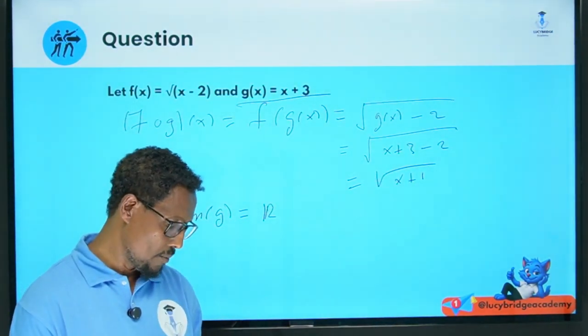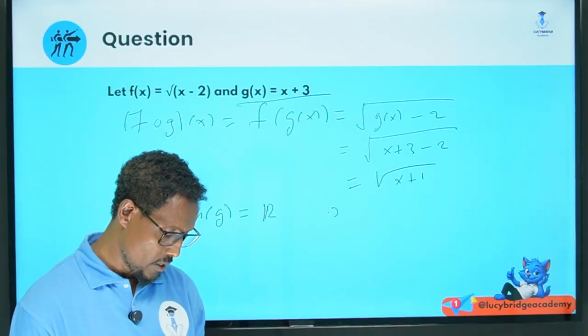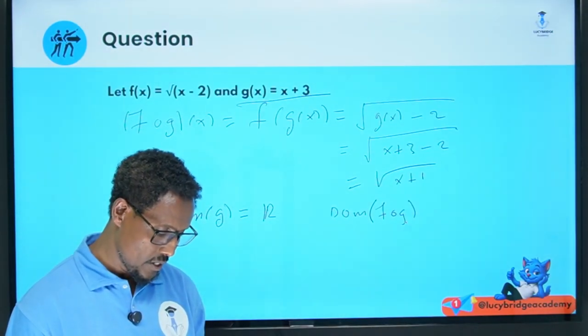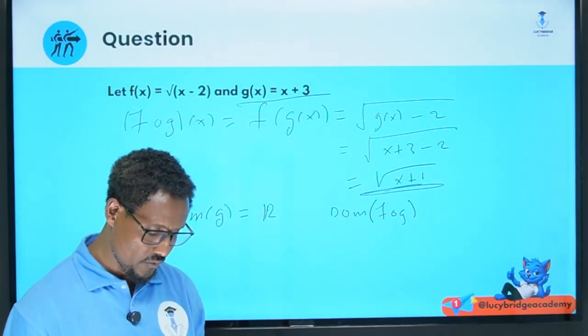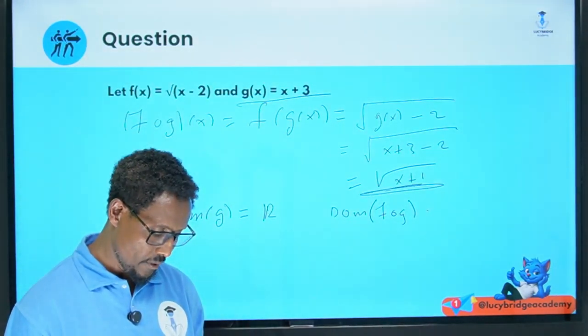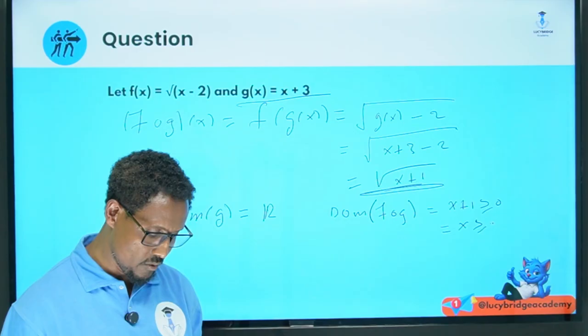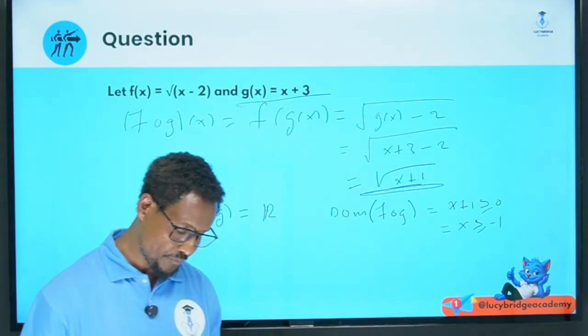What about the domain of f circle g? The domain of this function requires x plus 1 to be greater than or equal to 0, which means x must be greater than or equal to -1.